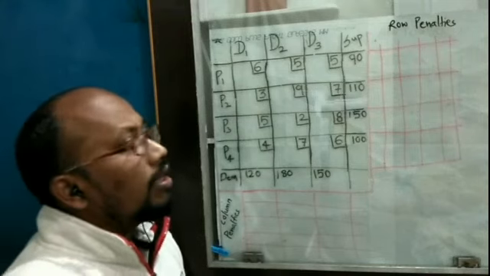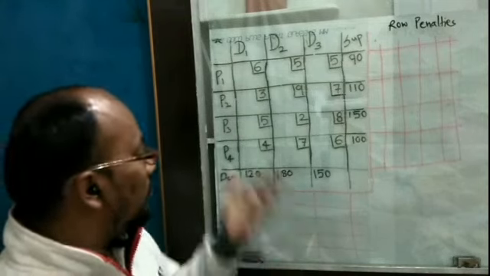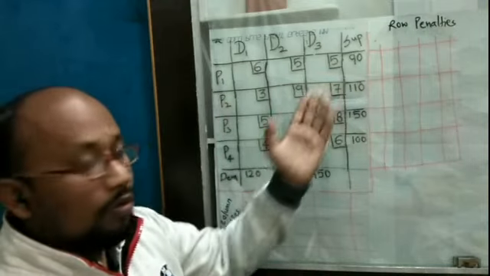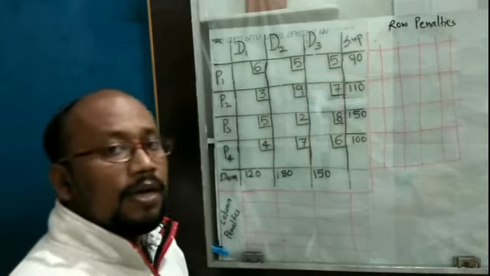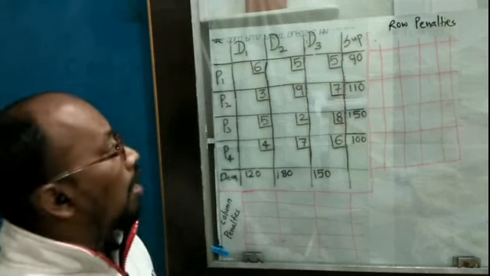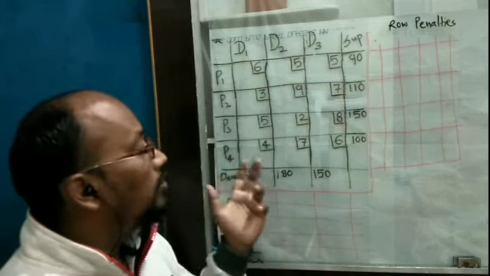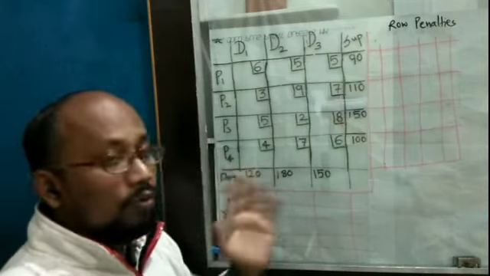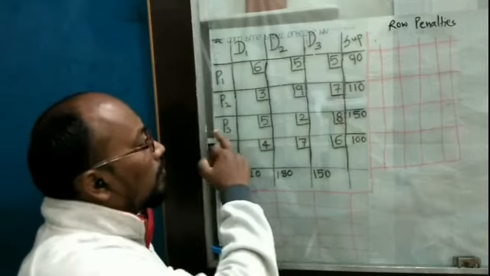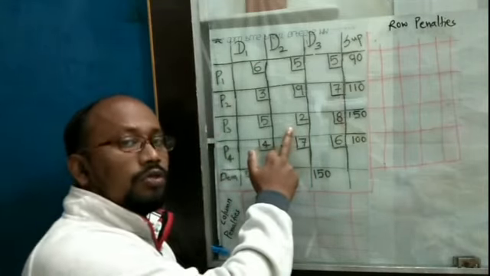So let's start again. We have to calculate penalties for each row and for each column. So what is a penalty? As I said, we have to select the least cost cell, or least cost, from each row. For example, for this P3 row the least cost is 2.